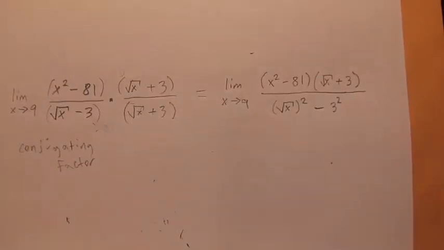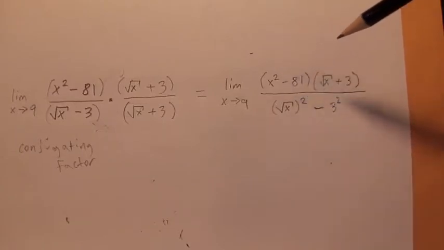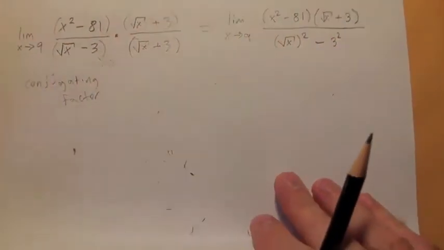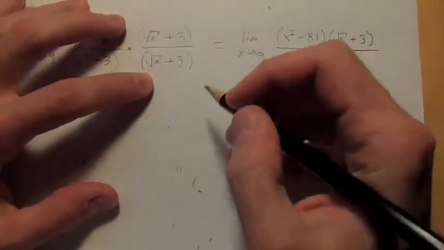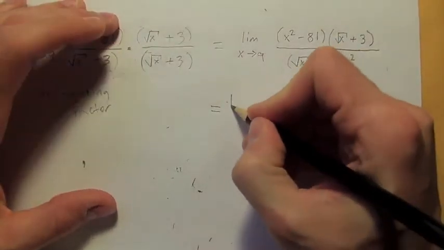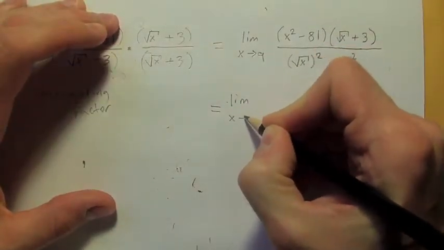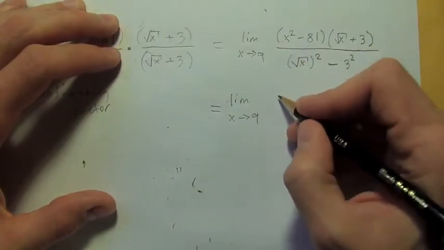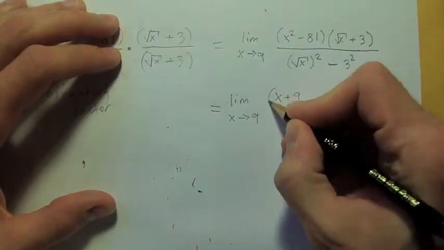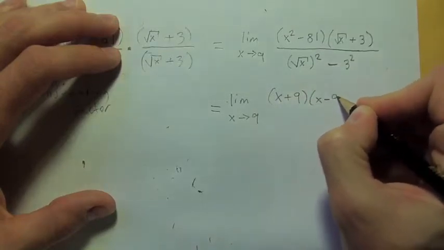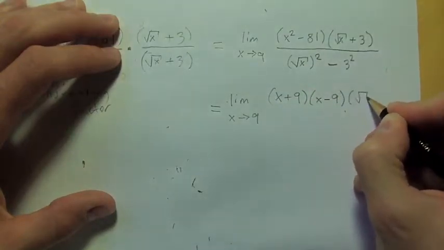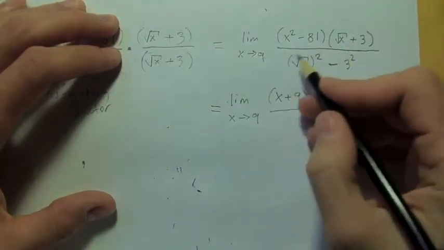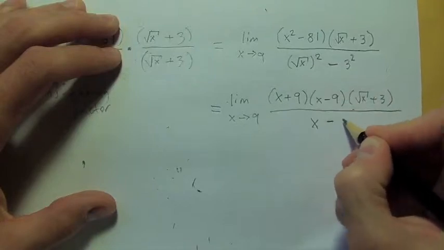What I am going to do though is factor this x squared minus 81, because what we'll see in the next step is that this is equal to the limit as x goes to 9 of, when I factor this, x plus 9 times x minus 9 times the square root of x plus 3, that's still left over, and this will end up being x minus 9.